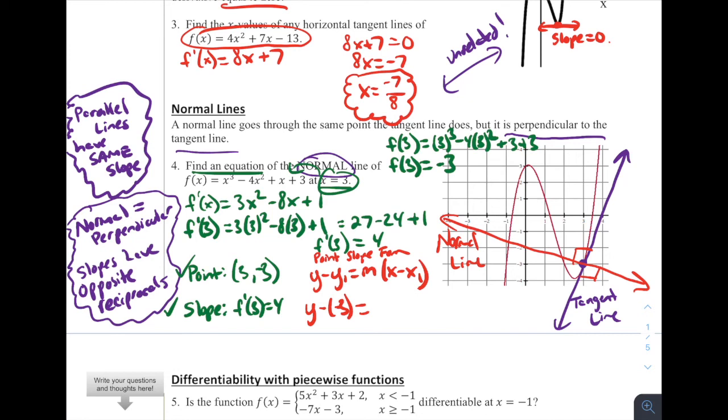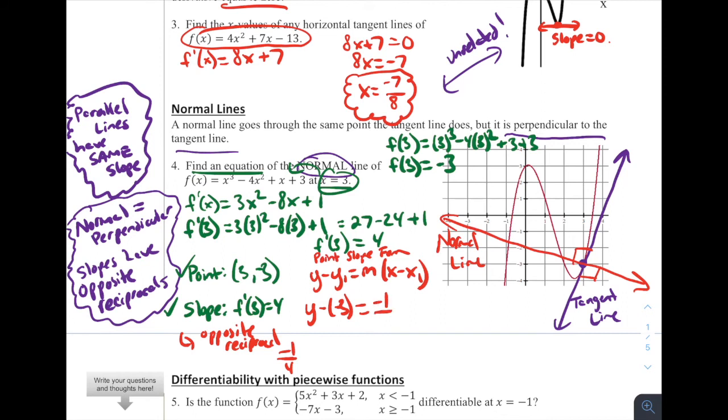If I plug in 4 for the slope of this equation, that would be a parallel line, because the equation I'd be making would have the same slope. So remember, if it's going to be perpendicular, we've got to take the opposite reciprocal. And the opposite reciprocal of 4 would be -1/4. It's a reciprocal because we flipped the fraction, and it's opposite because we changed the sign of it.